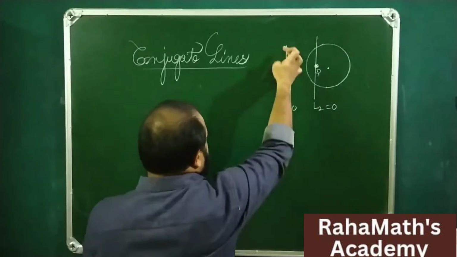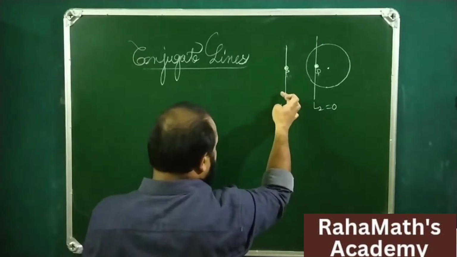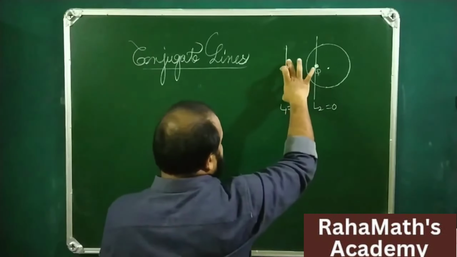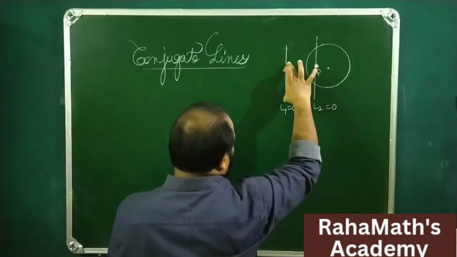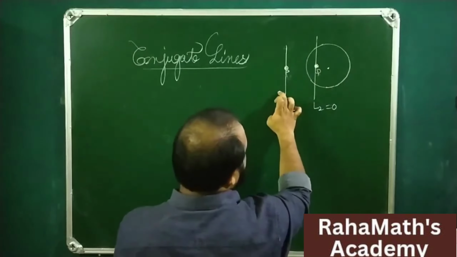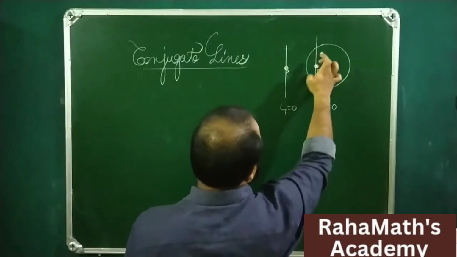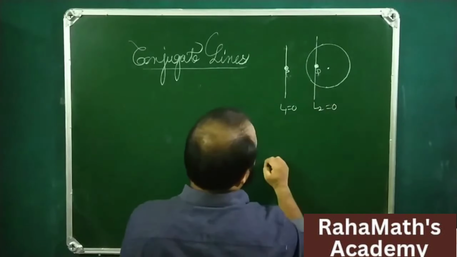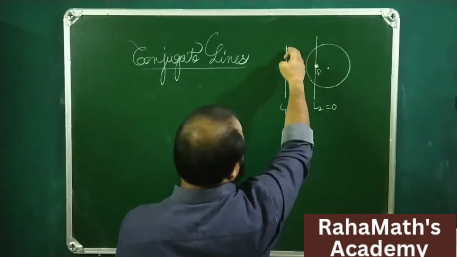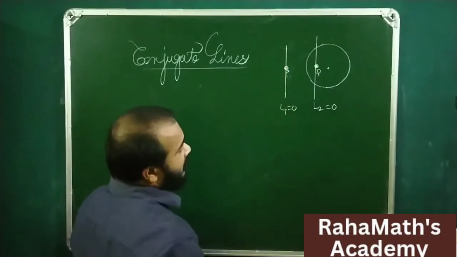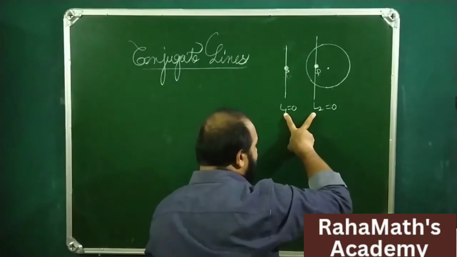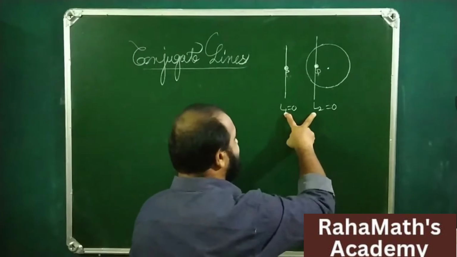If it is a line, it has to have a point, right? So for this L1 equals to 0, the pole lies on L2 equals to 0, and the pole of L2 equals to 0, say P, lies on L1 equals to 0. Then the lines L1 equals to 0 and L2 equals to 0 are said to be conjugate lines.